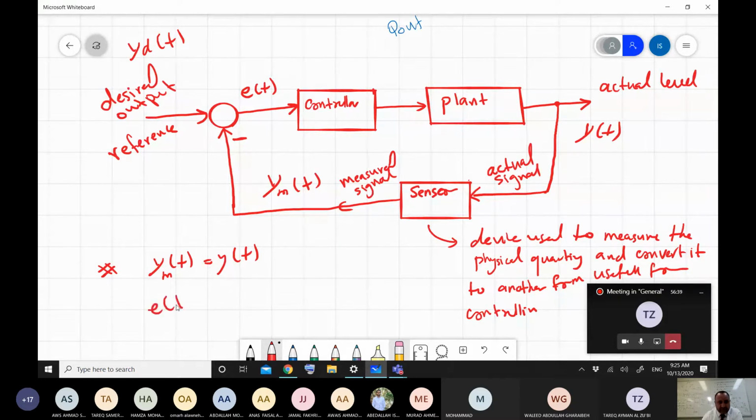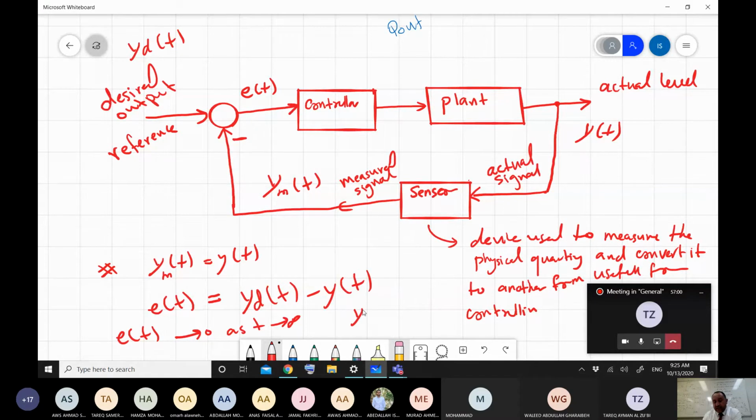So E of t will be equal to y desired of t minus y of t. And I think last time we stated that the objective of the controller is to minimize the error signal. So if E of t goes to 0 as t goes to infinity, this means that y of t will equal y desired of t, which means that we are solving the control problem.